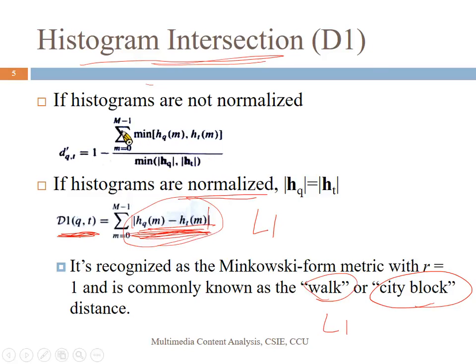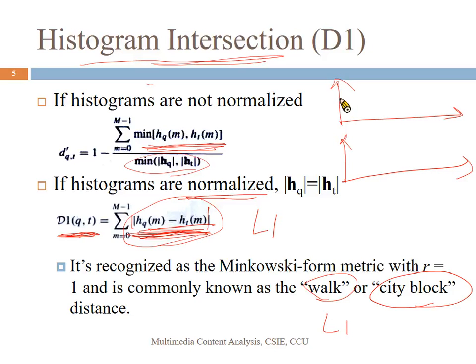And if these two histograms are not normalized, then we simply take the minimum of them and then normalize them. So you may wonder what the minimum means. Here we can see that given these two histograms, the first bin may be like this, and here the first bin may be like this.